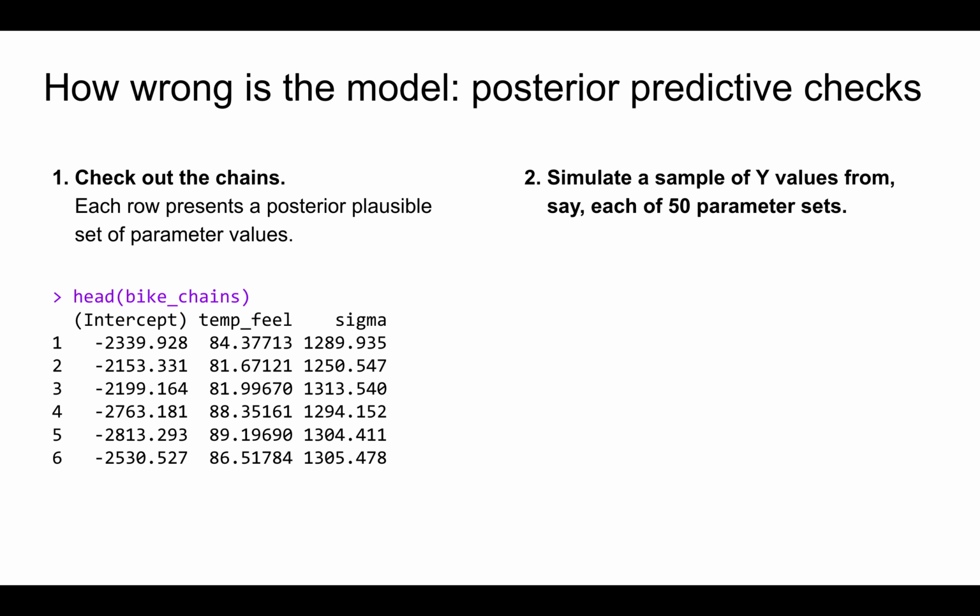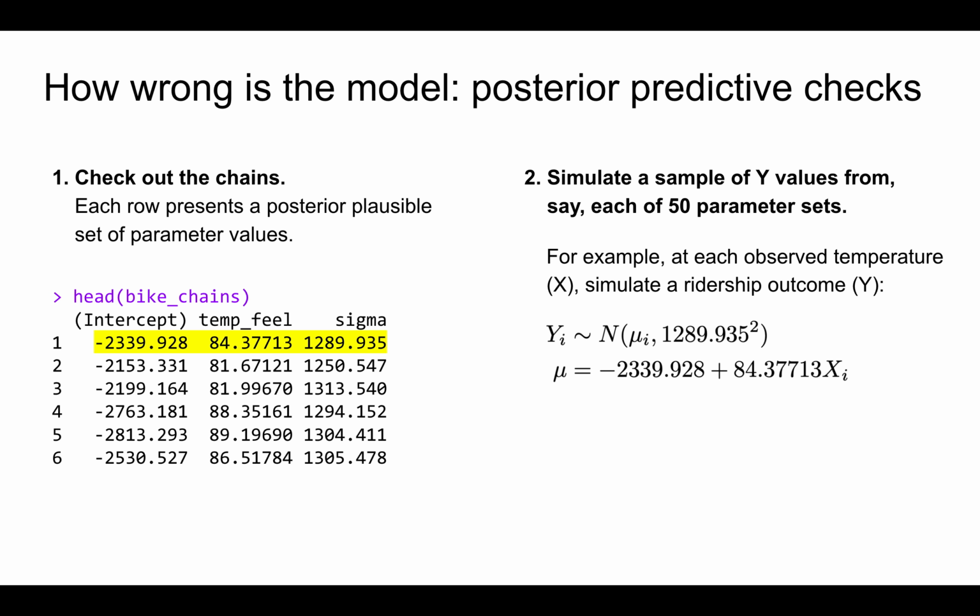Once we have our chain results in place, we can then simulate a sample of response values y from each of, say, just 50 of the 20,000 parameter sets. For example, consider the first posterior plausible set of parameters highlighted here. Then from each observed temperature in our sample dataset, we can simulate a possible ridership outcome under this scenario.